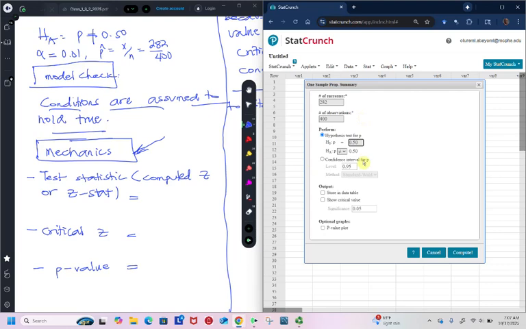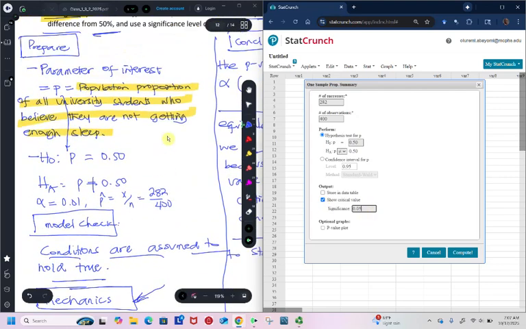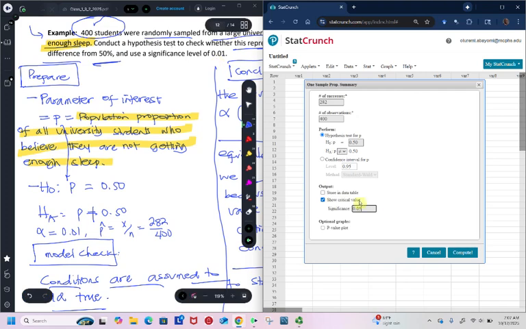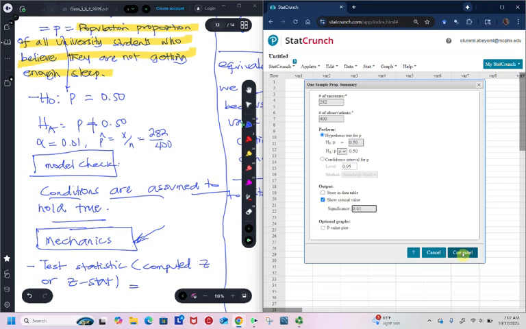If you like, you can adjust. What is the nature of our alternative? Not equal to, different from 50%. And in this case, we would like to show the critical value at 0.01. Okay, so 0.01, and we would like to compute this.